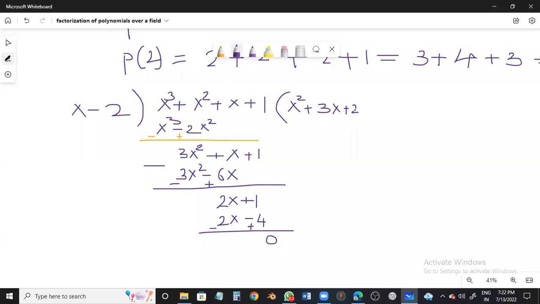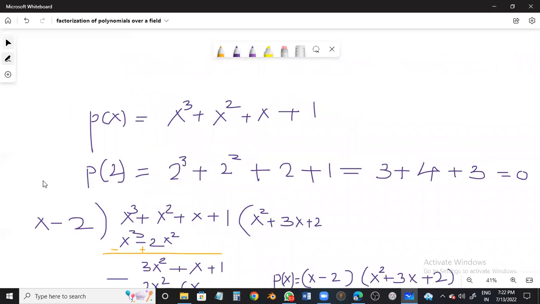x square plus 3x plus 2, multiplied by x minus 2. This is the factorization of p of x. So this way you can continue.